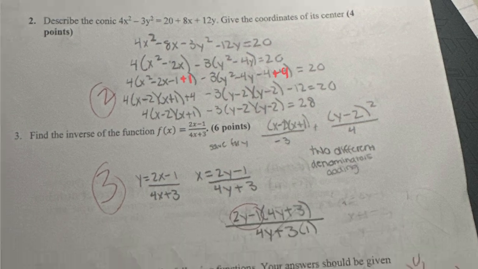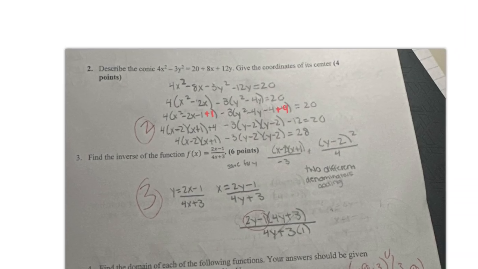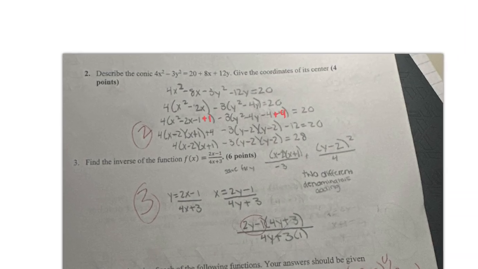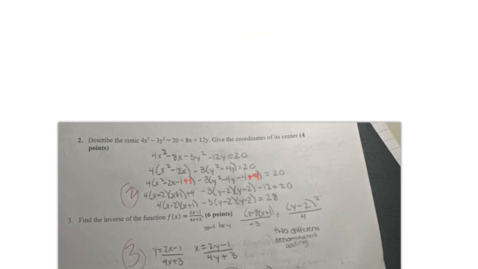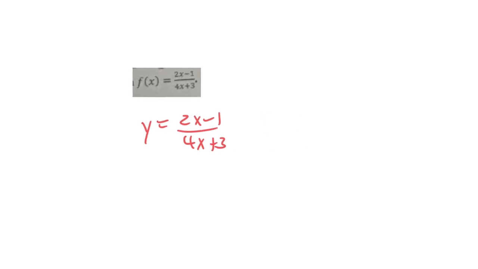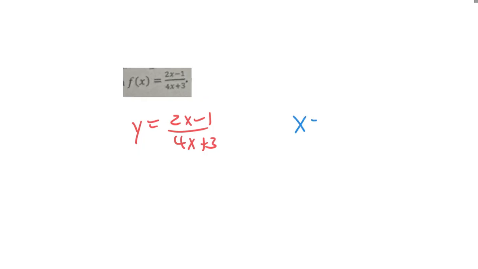Okay, so that's that. Find the inverse of this function. Okay, let me see. So for this, my student watching knows you want to treat this like y, and then do a little switcheroo where that's x equals (2y minus 1) over (4y plus 3).